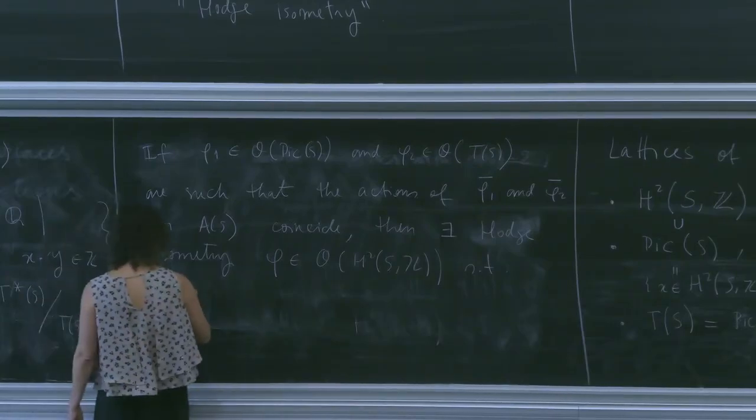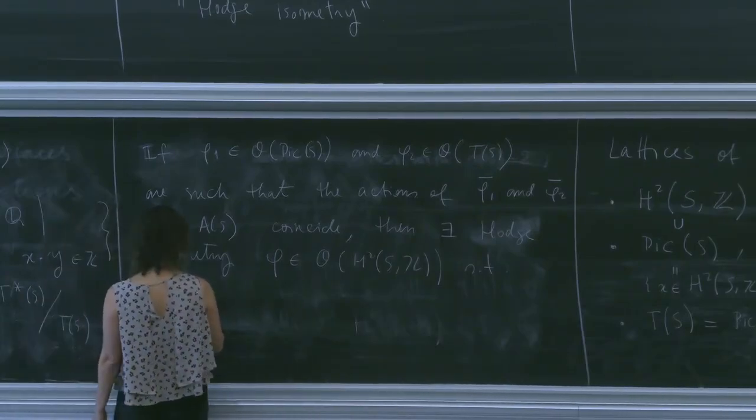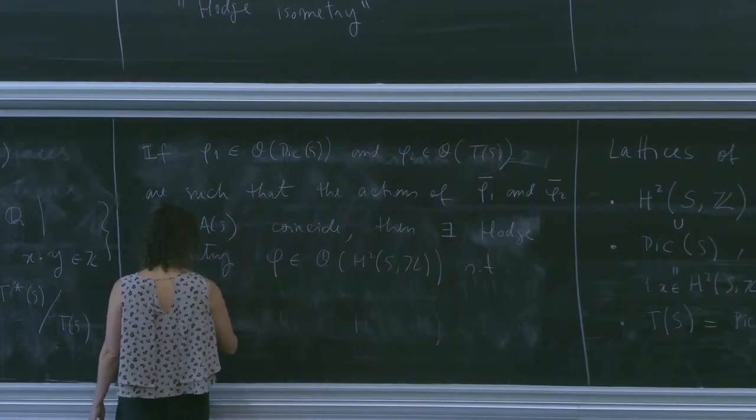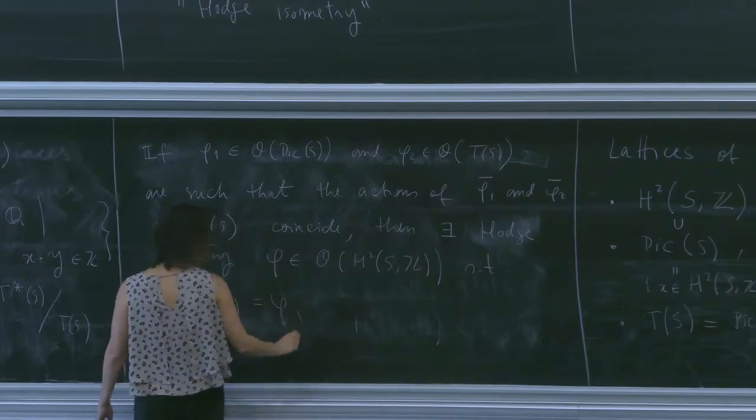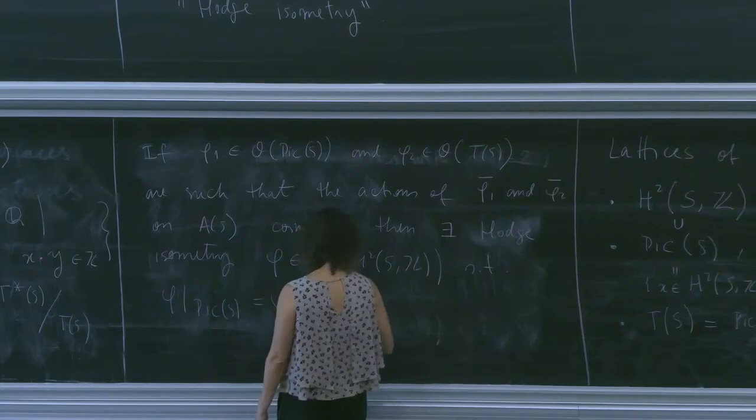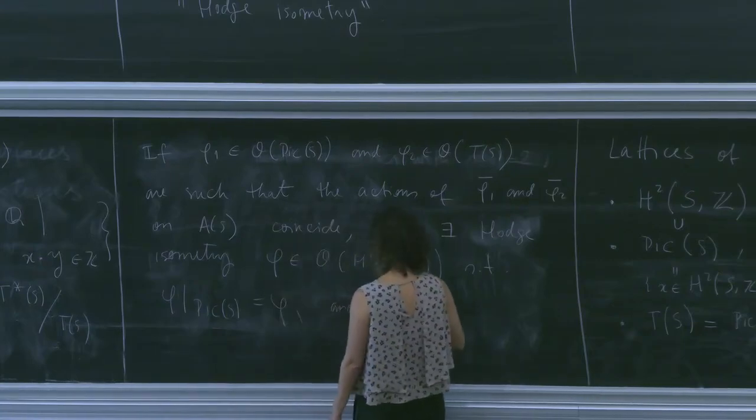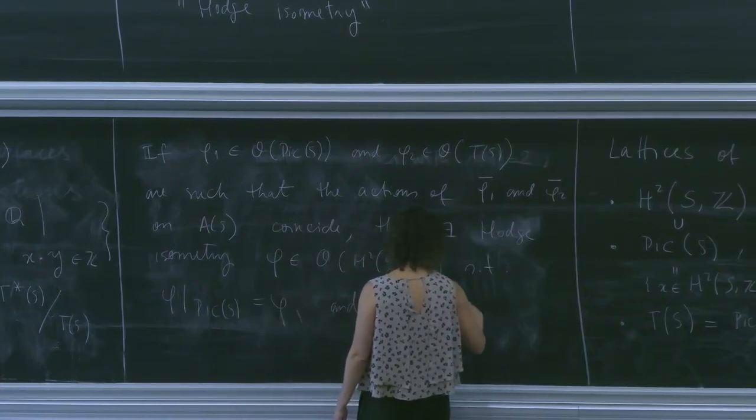That is, Phi restricted to Pic(S) is Phi1, and Phi restricted to T_S is Phi2.